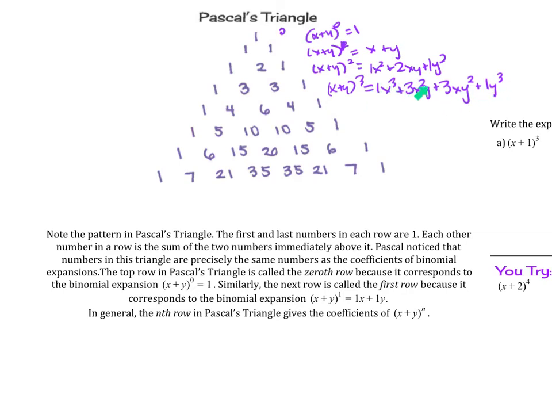Another thing to notice is that whatever row you're in, so in row 3, raised to the third power here, what you can look at is the exponents. The exponents should add to whatever row you're in. So x squared and y to the first, that's 3. And so that will help you out when you're using Pascal's triangle and binomial expansion to make sure that you're applying the correct exponents to each one.